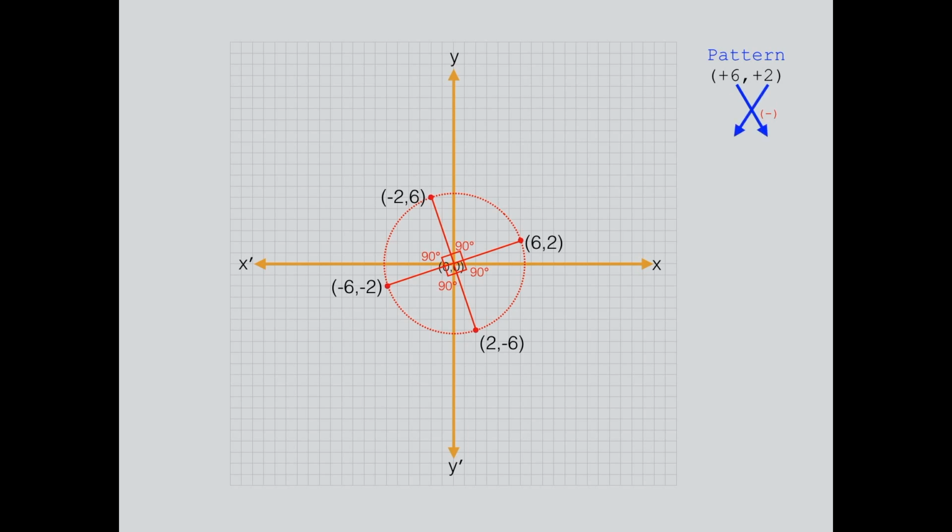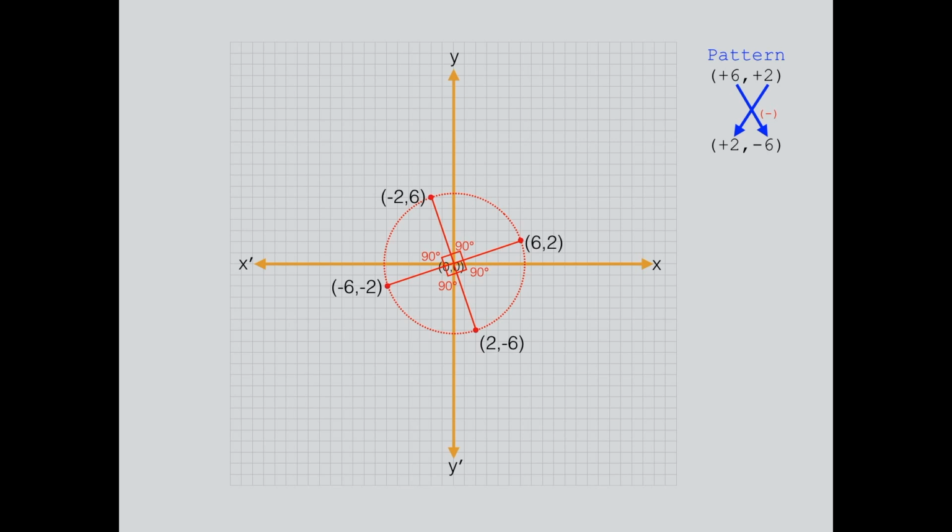But while the 6, the x value, is moving into the y position, we're going to negate it to make it a negative 6. And so the positive 2, the y value that's going into x, remains intact. The sign remains intact. However, the positive 6, currently x, that goes into y gets negated to negative 6. And we end up with our coordinate.